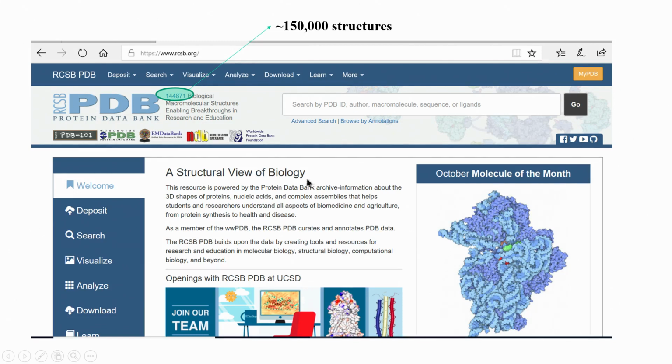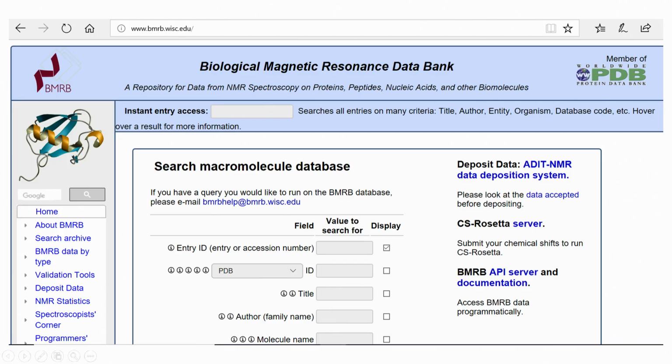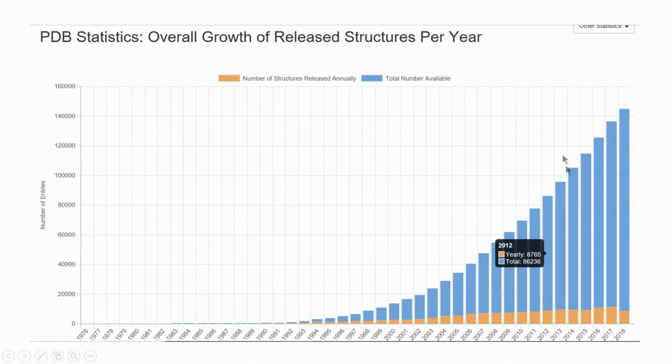Now one thing, if you look at this database, we can actually analyze how many structures are available, or what the different types of experimental structures are, and so on. Very interestingly, you can look at the statistics shown here. One of the statistics shown in this graph is the overall growth of released structures per year.